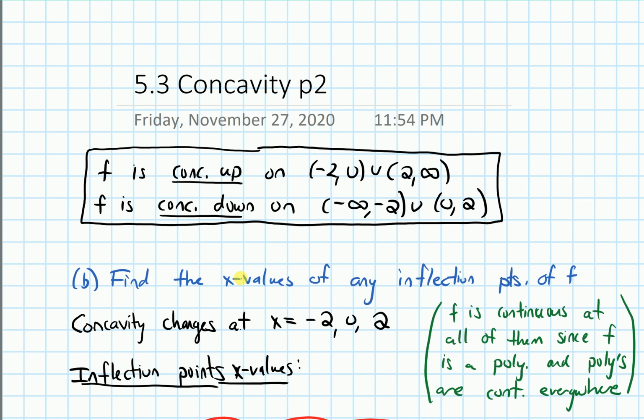But this problem just wants the x values. So the inflection point x values are -2, 0, and 2. Again, one final time I want to stress that there's two things I need for something to be an inflection point. The concavity's got to change at that point, and the original function needs to be continuous there. And it's important to check both.